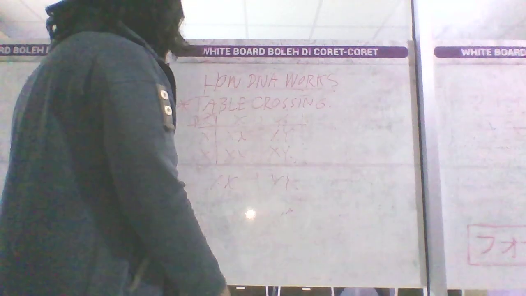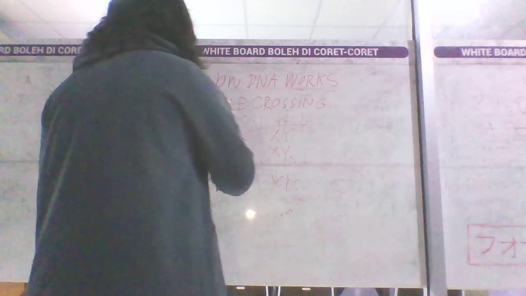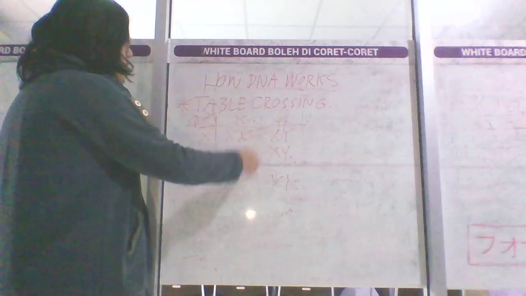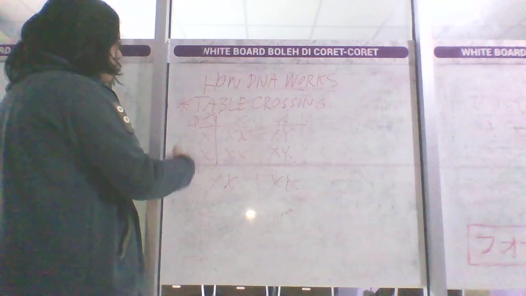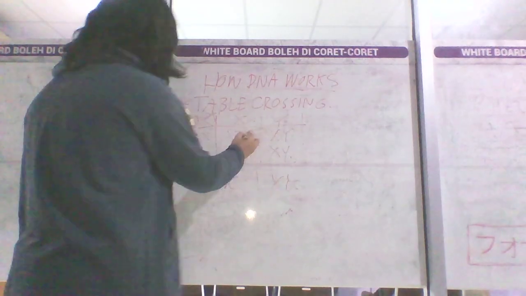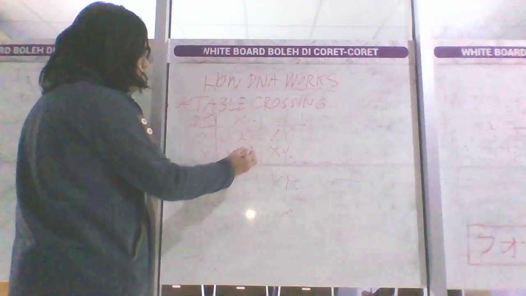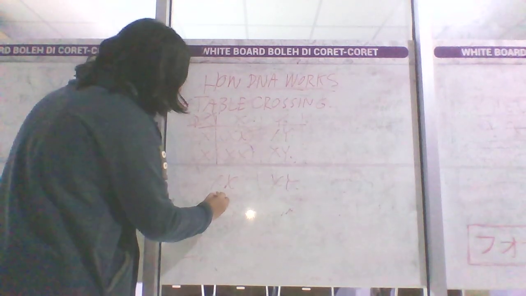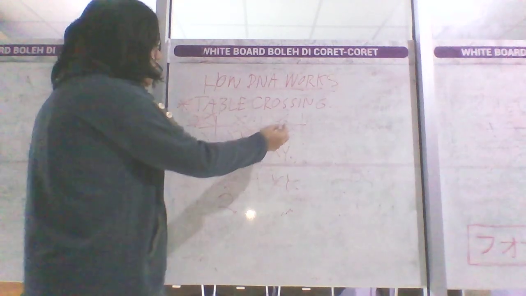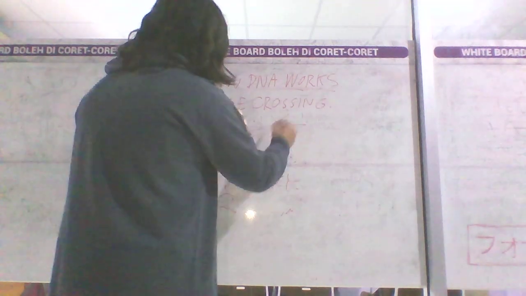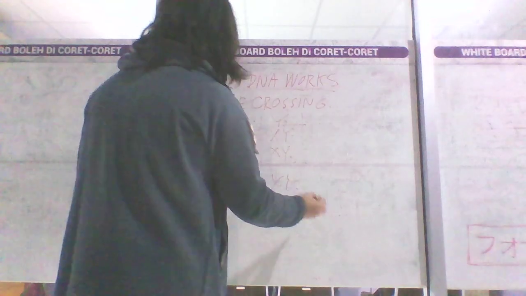The possibility in the left table is two parental, so we can write 2, and the same for the other 2.